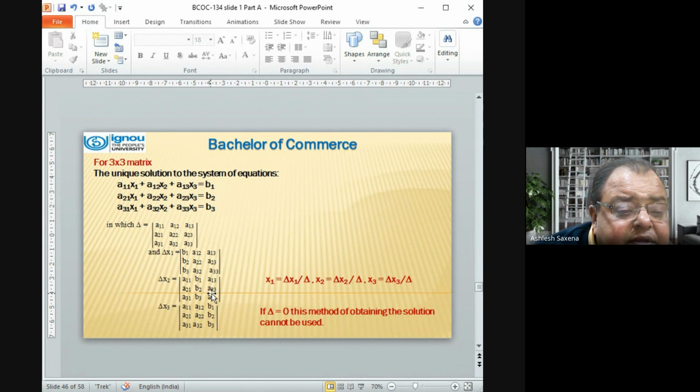Third one, similarly, replace this column and add b1, b2, b3. Your x1 will be delta x1 upon delta, x2 will be equal to delta x2 upon delta, and the third one, z, that is x3 equal to delta x3 upon delta. Here also, if delta is equal to 0, we cannot solve it in this way.